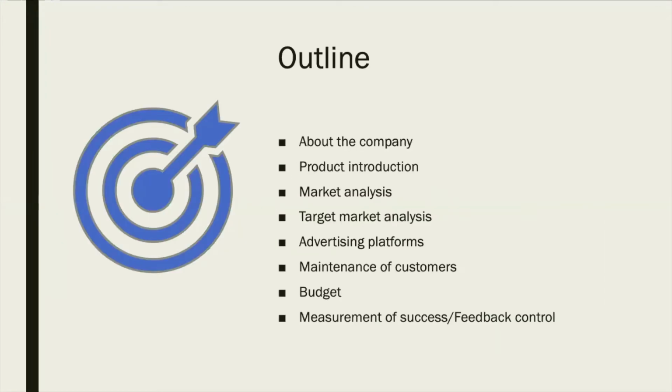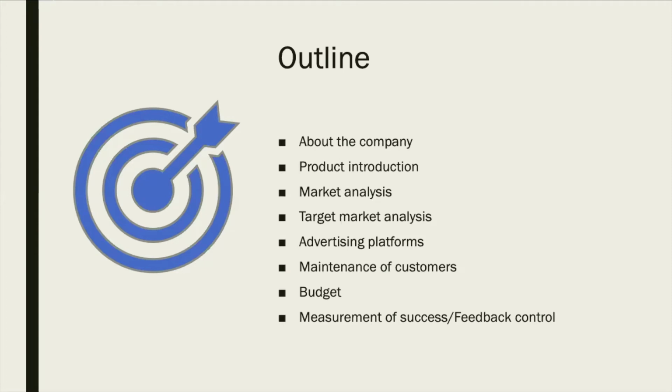First, let's look at the outline. I'm going to introduce the companies first to let you guys get a rough idea of what we do. And then I'm going to introduce the product. Later, we'll talk about the market, specifically the target market that our company is planning to sell the products to.